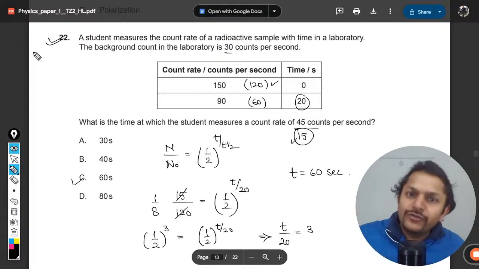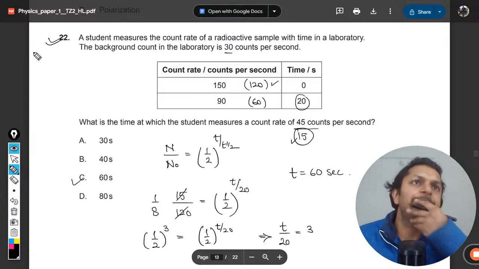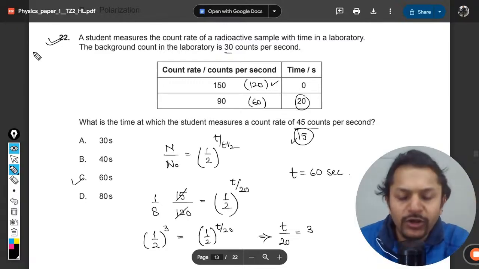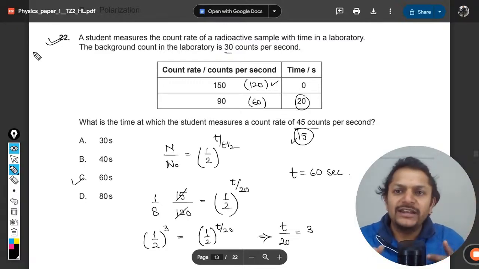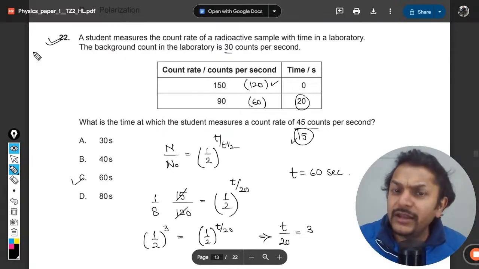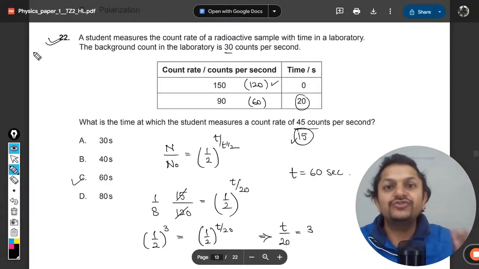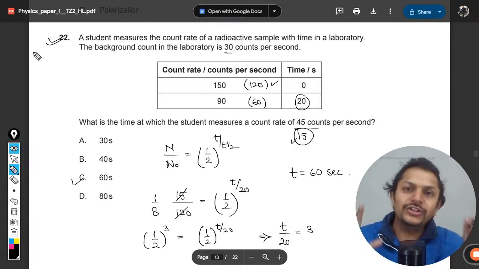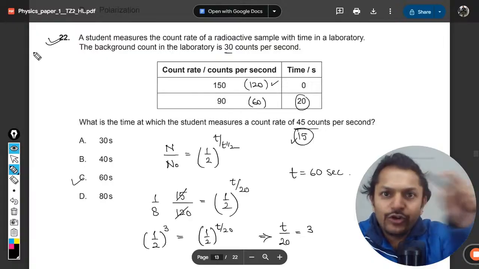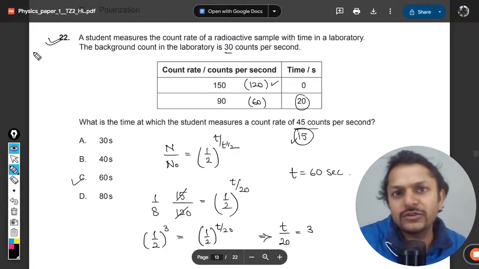And you can see how I have done all of those questions. There are a couple of questions in paper 2 that I have done for this, and paper 1 also, in which IB had given graphs and others. So complete analysis has already been done and they are available on the YouTube channel. So if you have a problem with this, please try to search those questions on the YouTube channel. Just write count rate and my name, that is Professor Varun, and you would find those 4 or 5 videos.